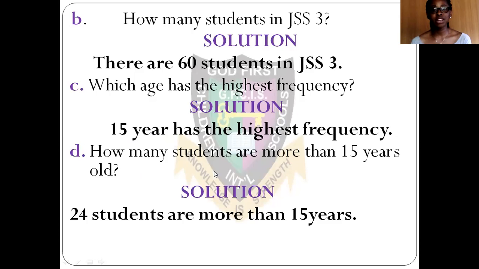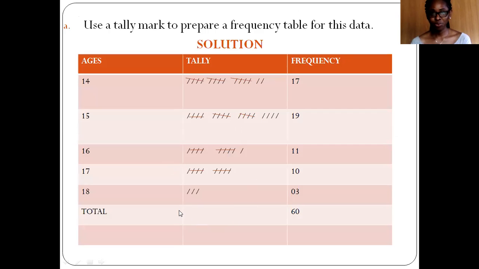How many students are more than 15 years old? Let's go back. This is 15. So students more than 15 are 16, 17, and 18. 16 years appears 11 times, 17 years appears 10 times, and 18 years appears 3 times.